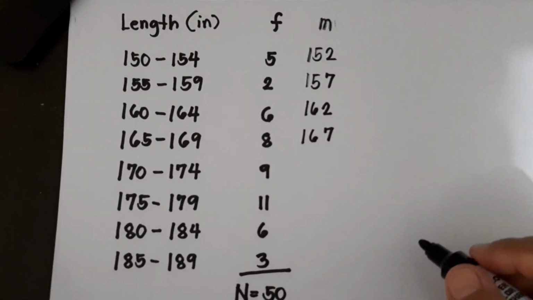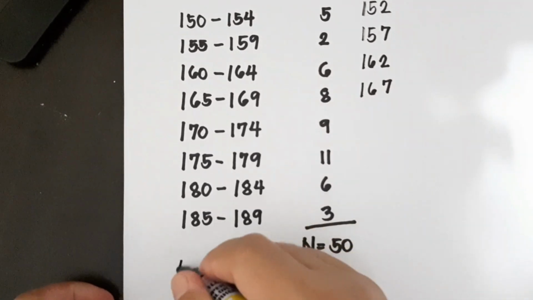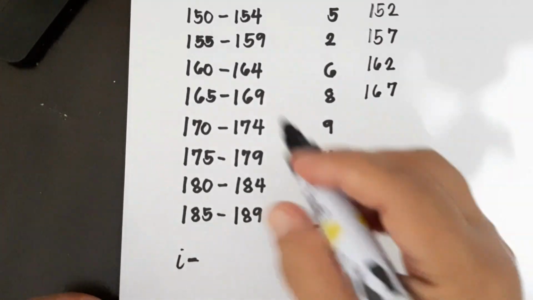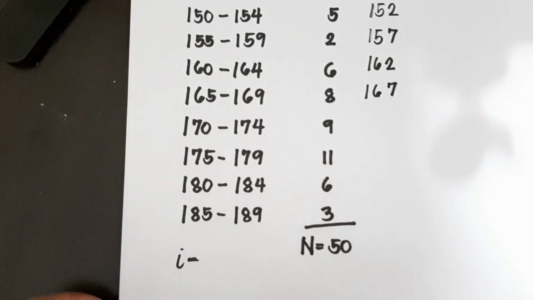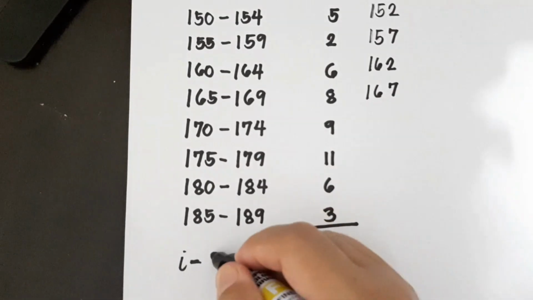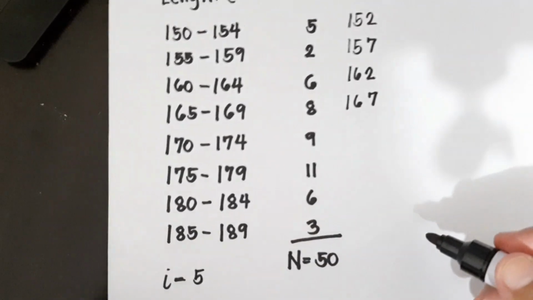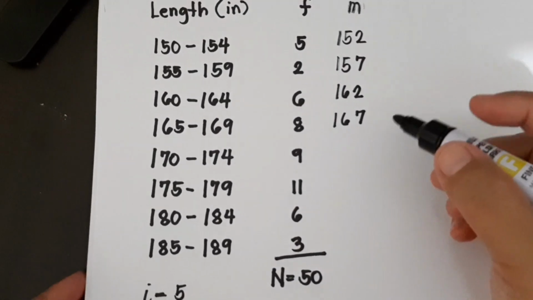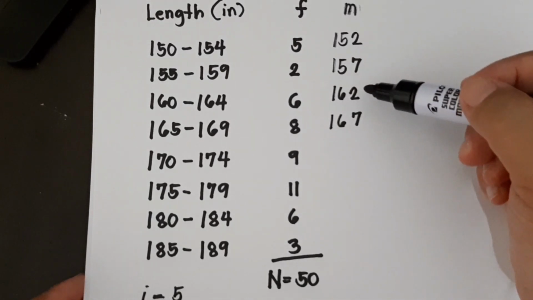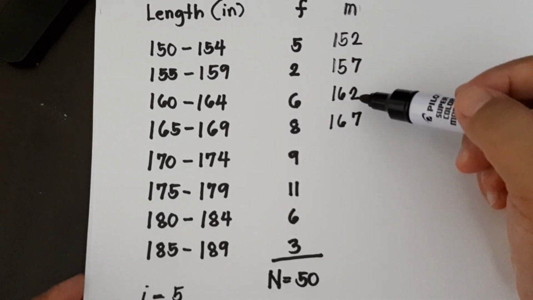Okay, para mas mabilis, kunin nyo yung interval ng ating data. So you have 150, 151, 152, 153, 154. That is interval 5. So you would just have to add 5. So we have 152 plus 5, 157. 157 plus 5, 162.